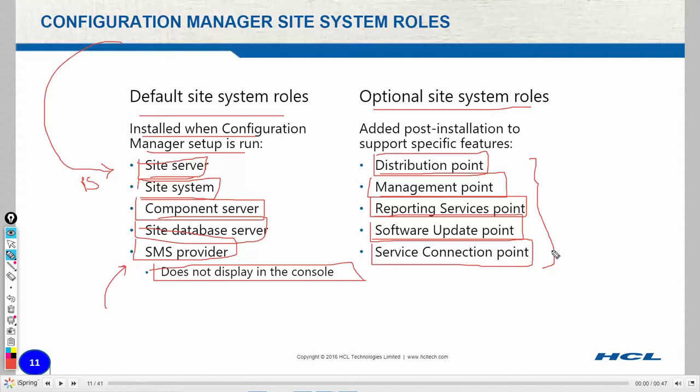For fetching the updates and deploying them on the client machines, you require the software update point. You require the service connection point to connect to your client machine for services. You require the management point to manage your services. You require the distribution point to distribute the content which you have downloaded, right? For example, you have downloaded Google Chrome and want to distribute that to all your devices in the network, so you need a distribution point to distribute that content.